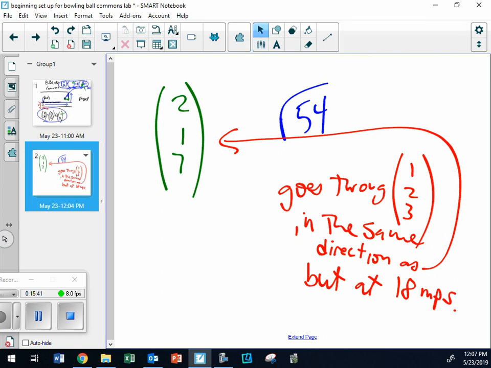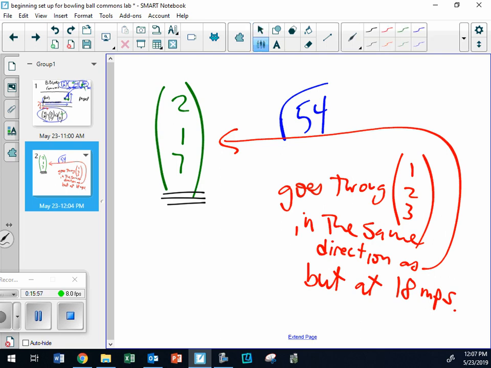So you're making a vector that goes through the point 1, 2, 3 and goes in the same direction as this one does, but this one would have had a speed of square root of 54, and that is not 18. Make it be.